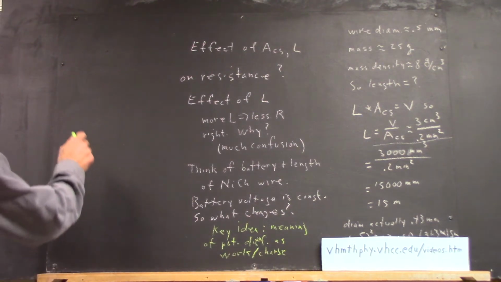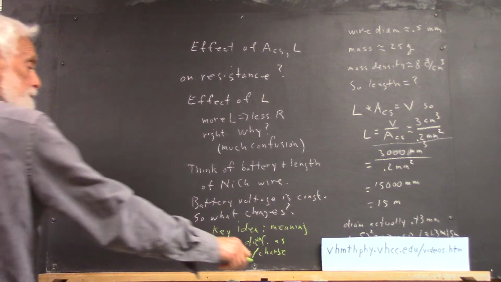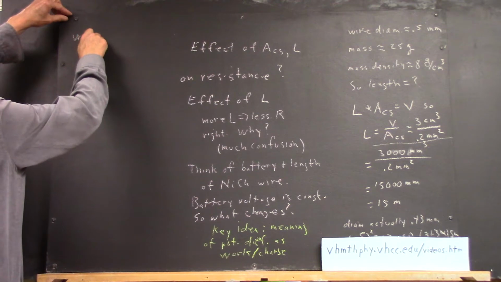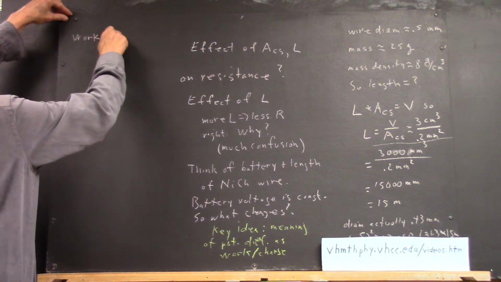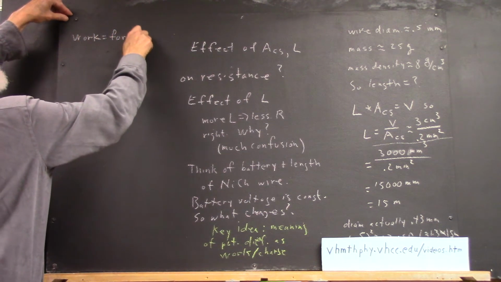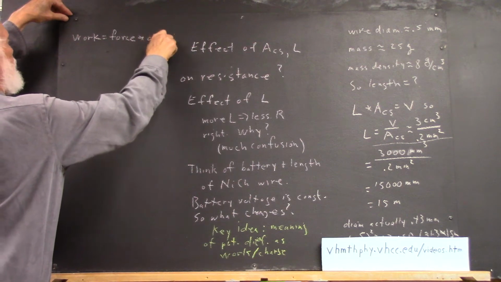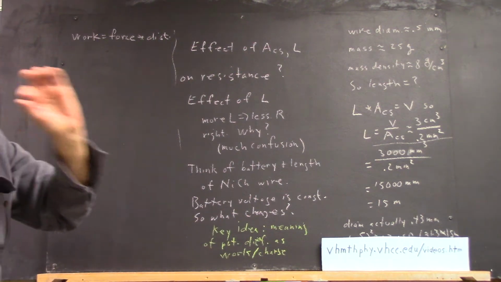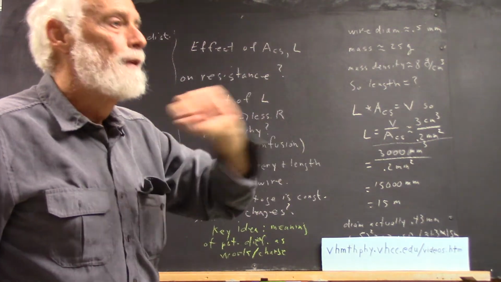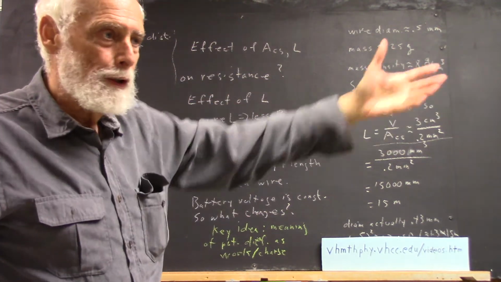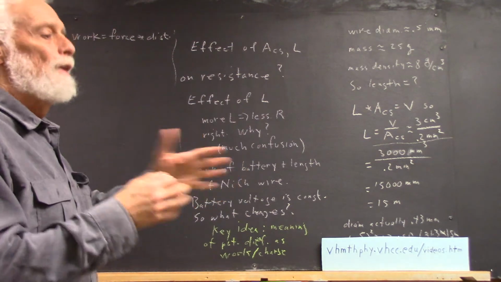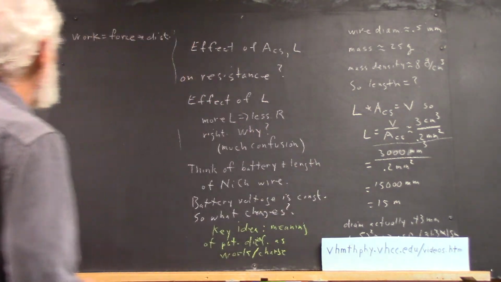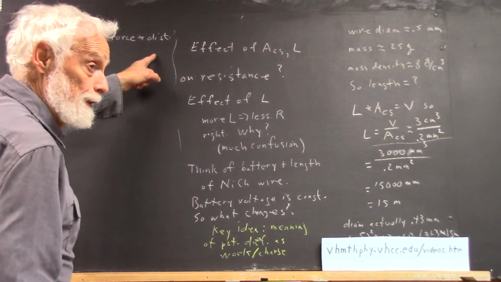And work in this case is force times distance. We don't have to worry about a dot product because we've got a thin wire, so motion is in the direction of that wire. The drift velocity is in the direction of the wire, okay? So work is force times distance, right?